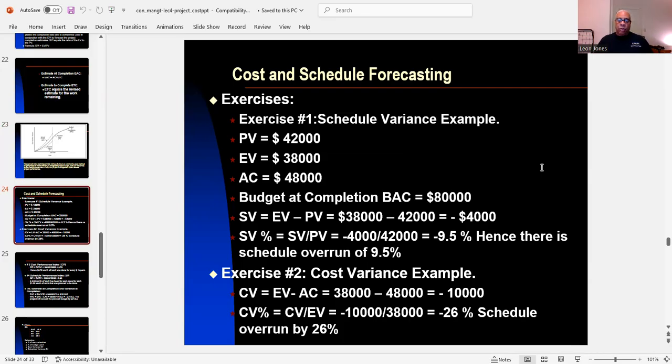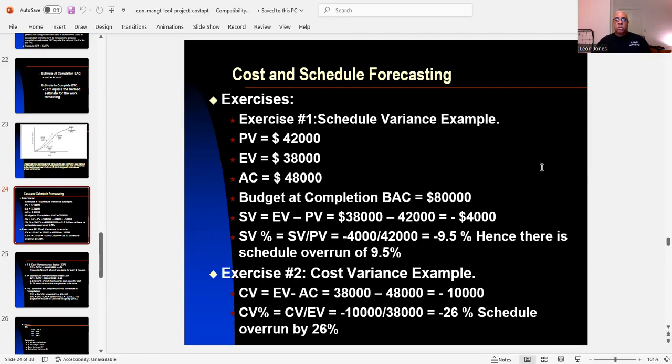Now, when we get to the cost variance example, we have CV equals EV minus AC. So, guess what? You plug in the numbers just like we did for the schedule variance. And when we utilize the formula, again, we come out with a negative number. So we have what we call the variance, which is always in a percent.